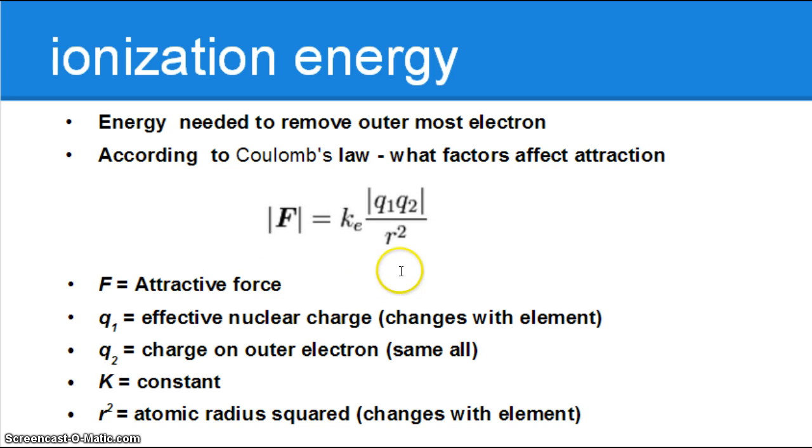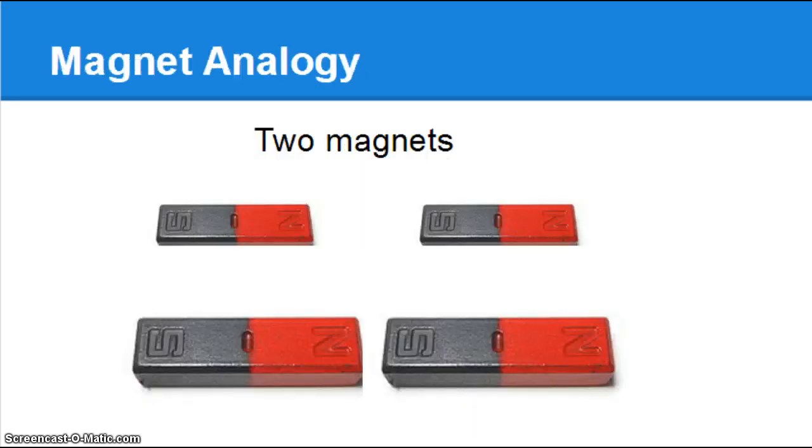So these are the factors that are going to be important when we figure out how much energy is needed to remove the outermost electron. And I'm going to give you a little bit of an analogy because you actually have probably a basic feel for this equation. Let's take two magnets, and let's talk about the attractive forces between two magnets.